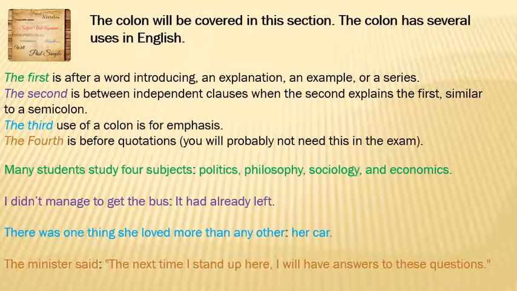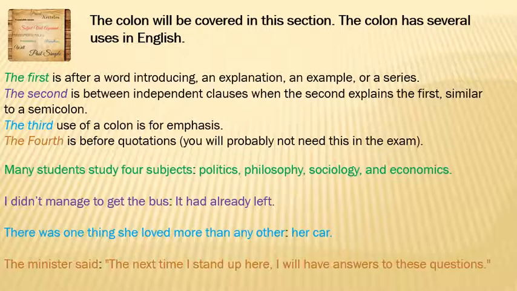Now we're going to cover the colon. A colon has four uses. The first is after a word introducing an explanation, an example, or a series. The second is between independent clauses, when the second clause explains the first clause, similar to a semicolon.